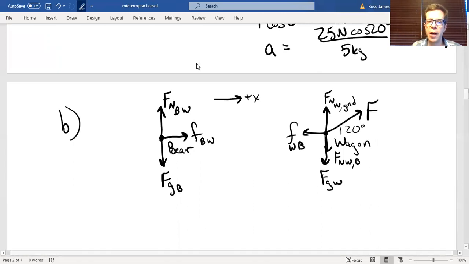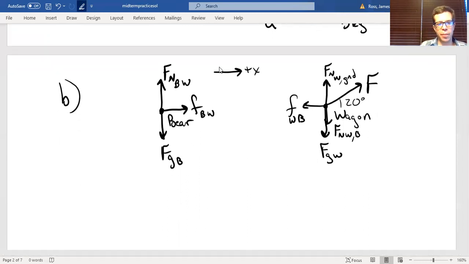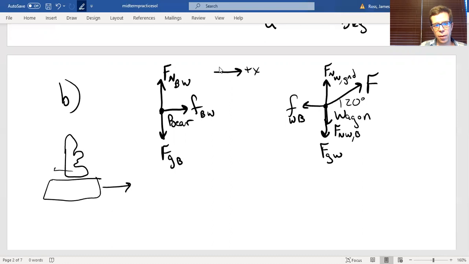And I think what's tricky about this one is the frictional force on the bear, because it's actually what causes the motion of the bear, because the bear left to itself would just sit still. It opposes the intended motion, because if we have the bear sitting on the wagon and the wagon starts to move, then the relative motion of the bear would be to the left, right?